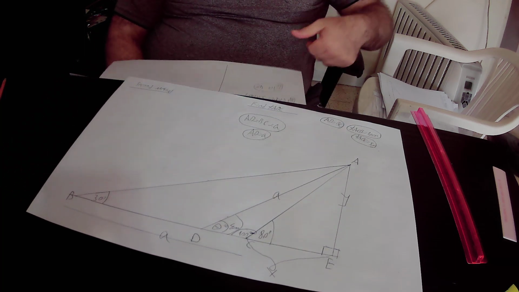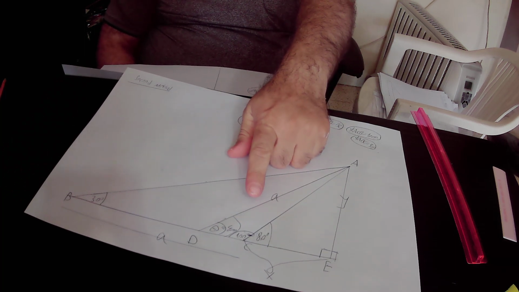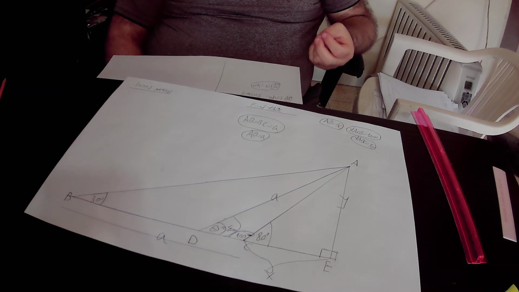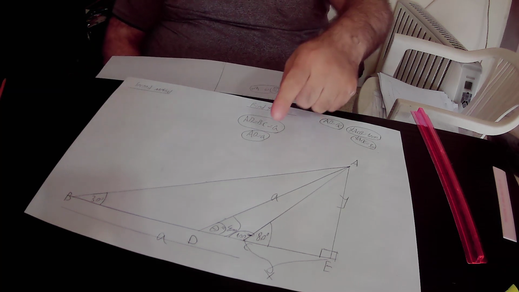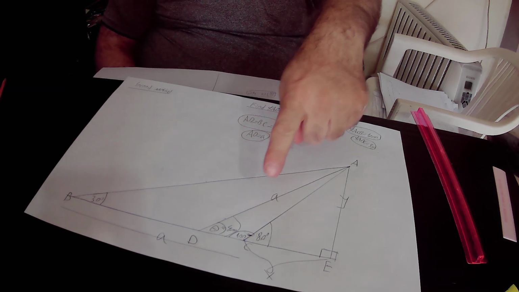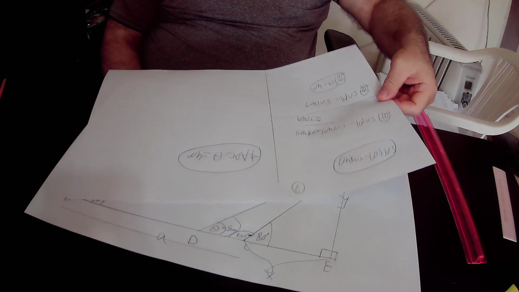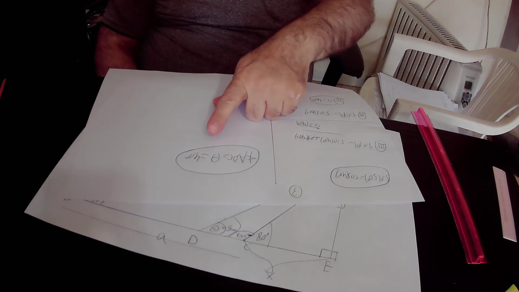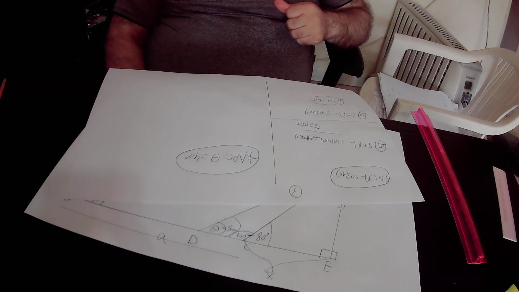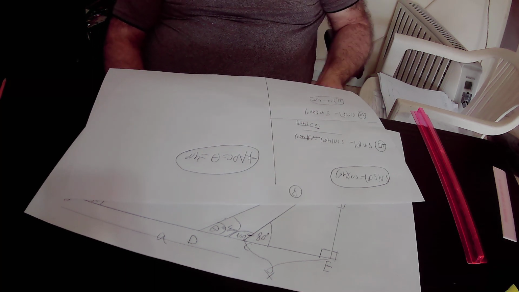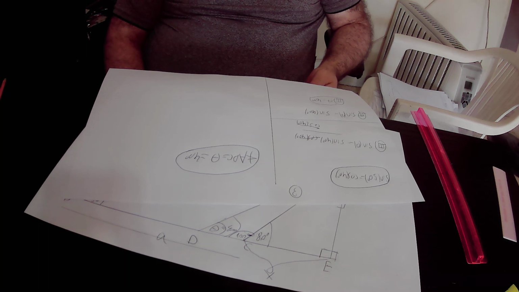So we found that angle theta equals 40 degrees, and that is actually the angle that we are looking for, because angle theta equals angle ADC. So angle ADC equals angle theta equals 40 degrees, and we found that the value of angle theta in both methods is equal to 40 degrees.